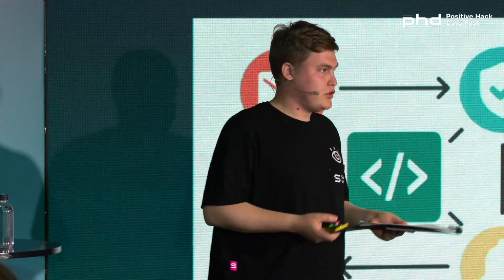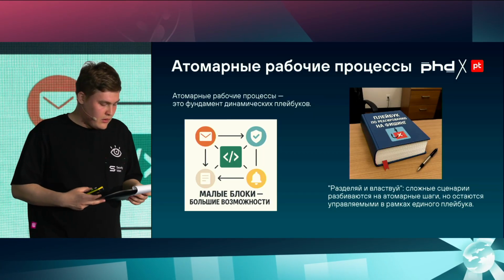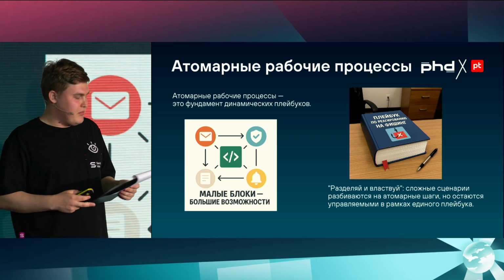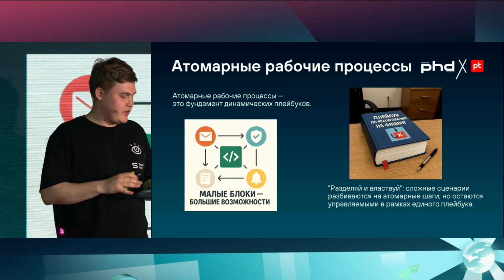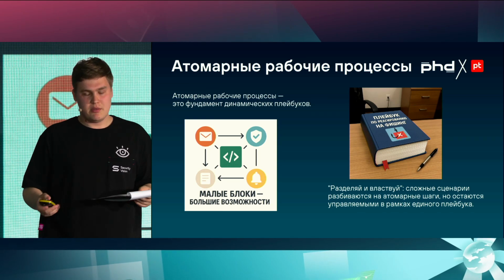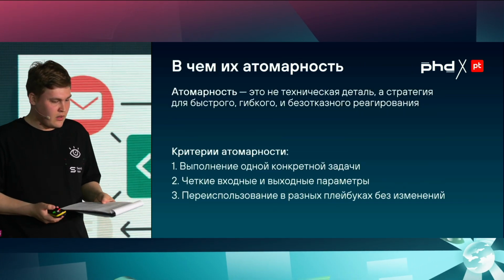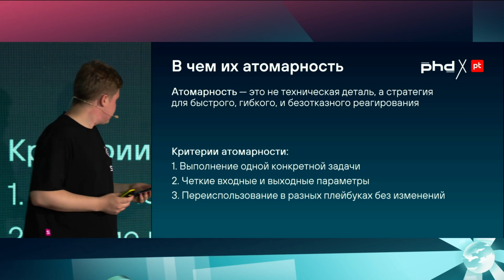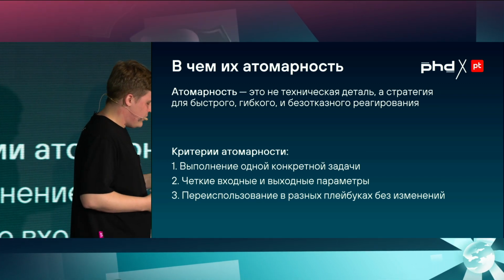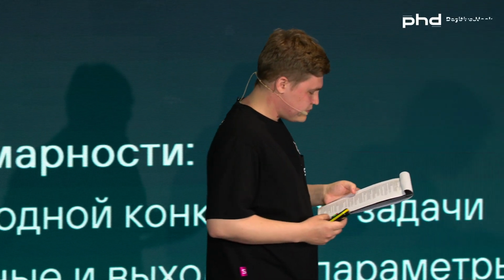Now let's talk about atomic work processes. What does it mean? It's basically minimum, indivisible steps. The time of execution takes the minimum possible time. Why are they atomic? There are a number of criteria for atomic nature.